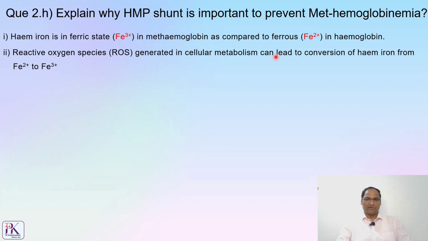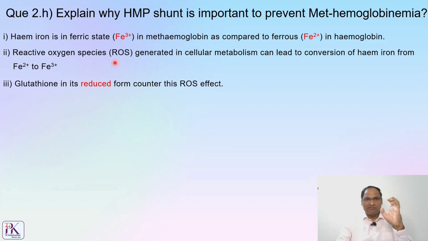methemoglobin. Now, to counteract the effect of reactive oxygen species, there is a requirement of glutathione, and it should be present in reduced form. To counteract the harmful effects of ROS, the glutathione should be present there, and that too in its reduced form.